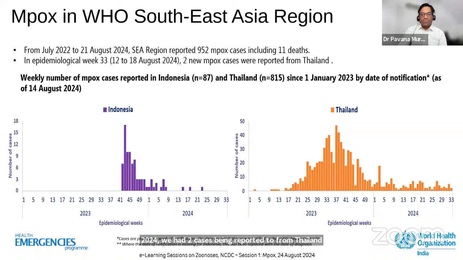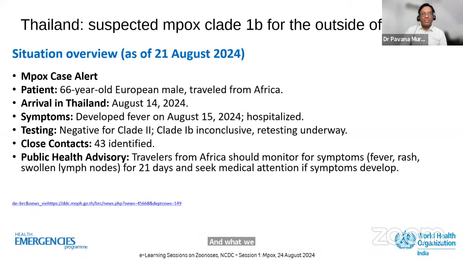And what we know recently is this suspected case of monkeypox. Now it has been declared as clade 1B. There was an alert. So this was a patient, a 66-year-old European male who traveled from Africa. He was reported to the system on 14th of August. He developed fever on 15th and was hospitalized.